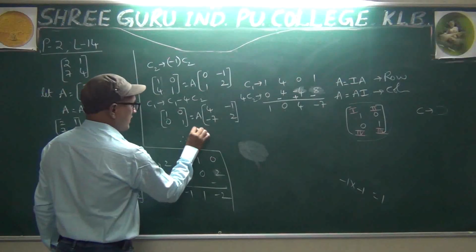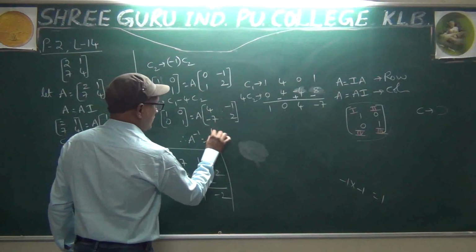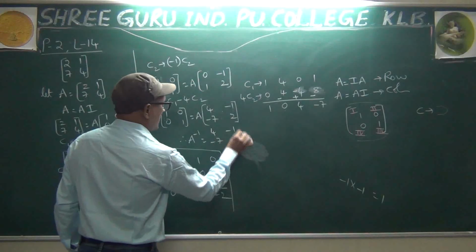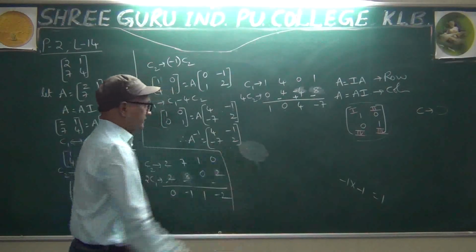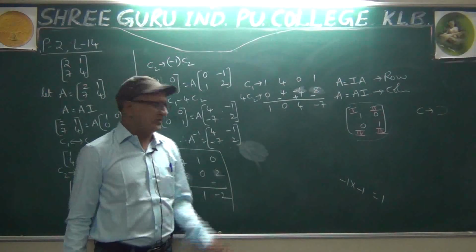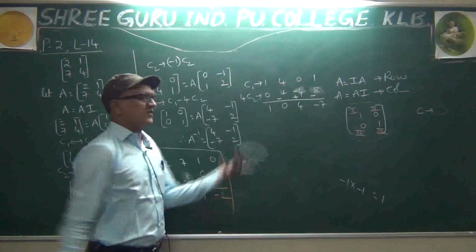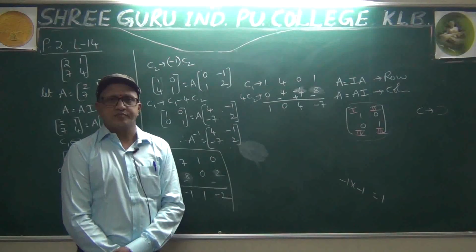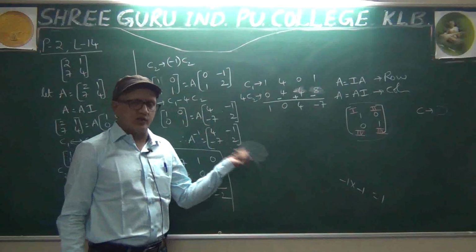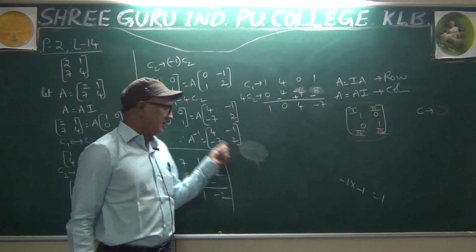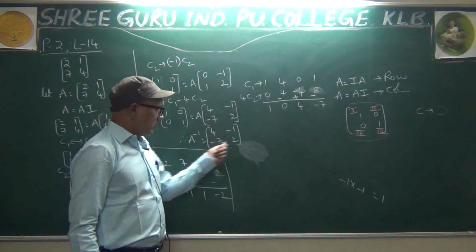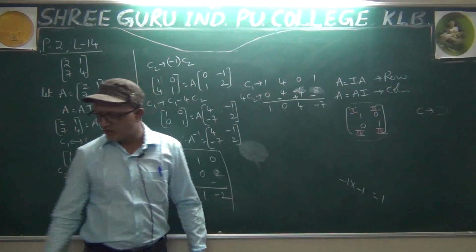Last step, therefore A inverse is 1, 0, 4, minus 1, 2, minus 7. Right? This is compulsory to write. Which is A inverse? If you start the answer here itself, write which is A inverse. You have to write it in the last question also, that's what I told. In the last questions also, A inverse you have to write compulsorily. Okay?